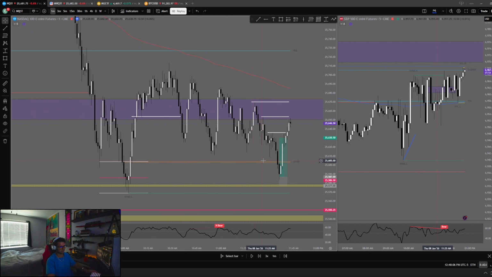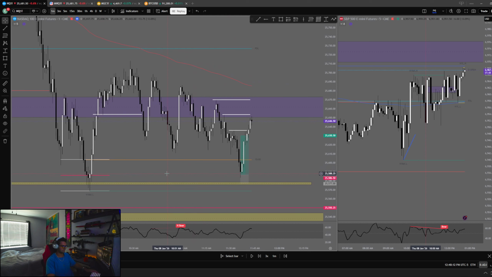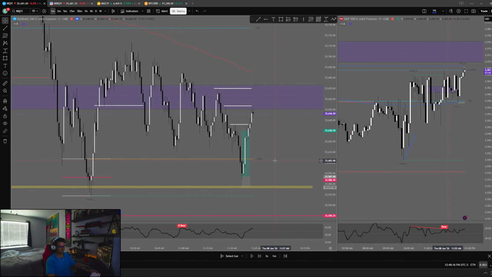I waited patiently, and I waited for my entry, and I got it, and I was rewarded for it. And that is the reality of, I don't want to say high RR trades, but you can still bottom tick like this and have high RR and a high percent win rate if you line it up with the right confluences and the right circumstances.